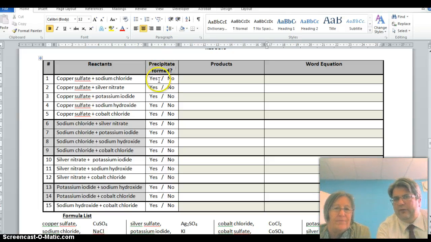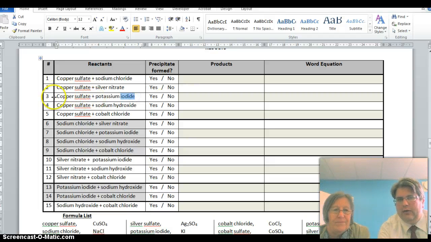So if there was a solid, for example, as there was for reaction number 3, then you will have a reaction occur. In other words, copper sulfate will react with potassium iodide. And the way they react is by changing partners. So the copper will leave the sulfate and attach to the iodide.